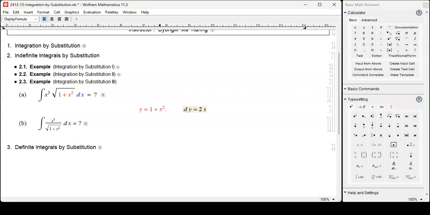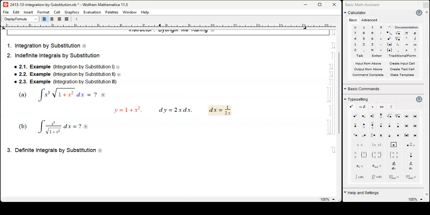The derivative is 2x dx, and consequently, we can solve for dx as 1 over 2x dy. And let's go ahead and do the substitution.